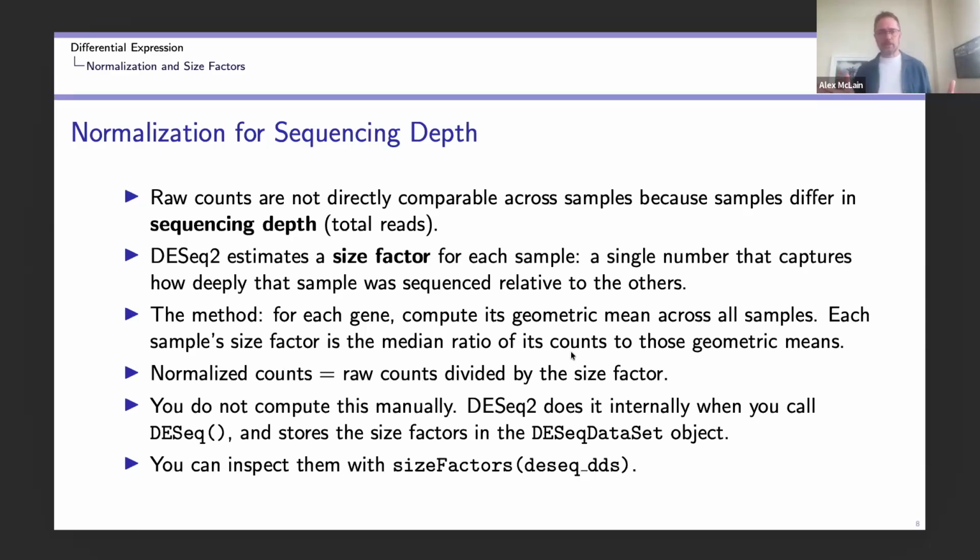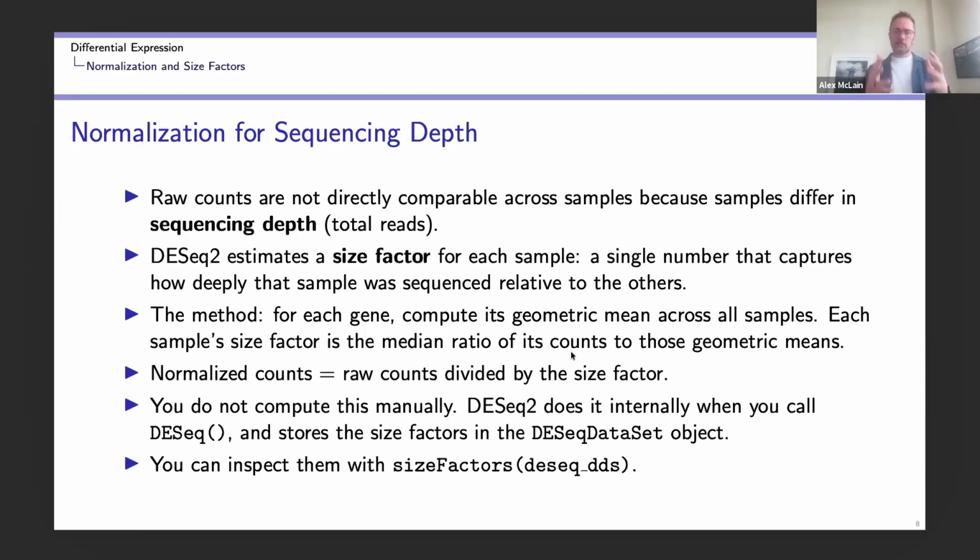How it estimates this size factor is not particularly meaningful to us, but essentially it uses the total number of reads per gene and does some summary statistics on that, and we get a size factor out of there.